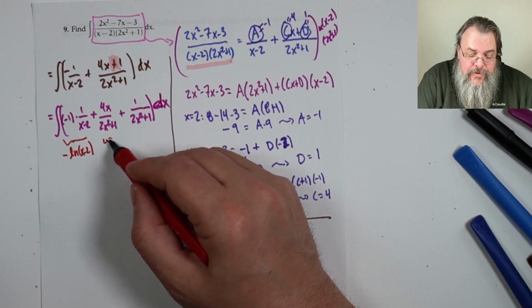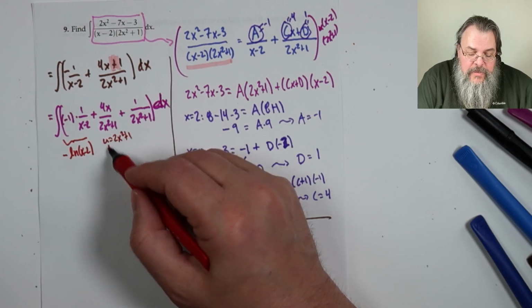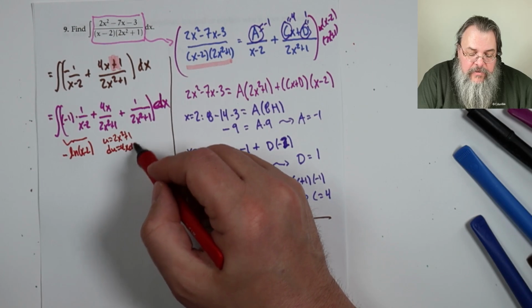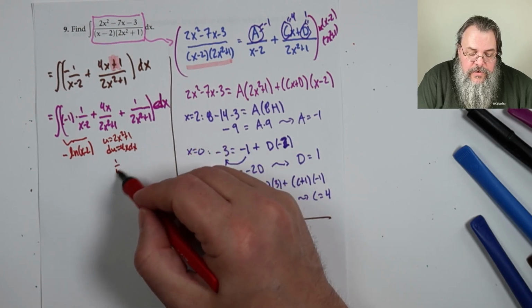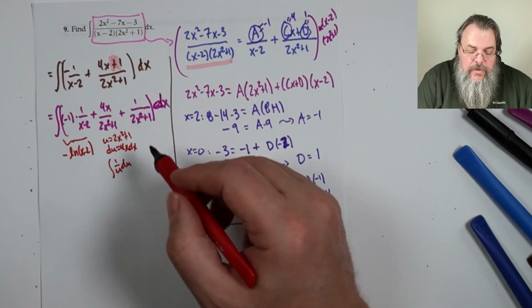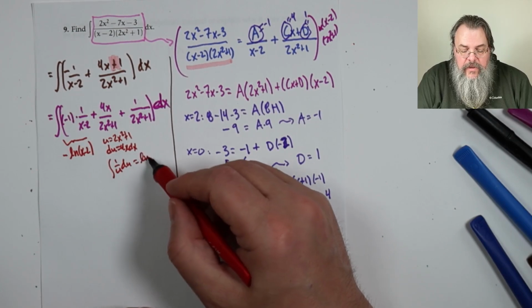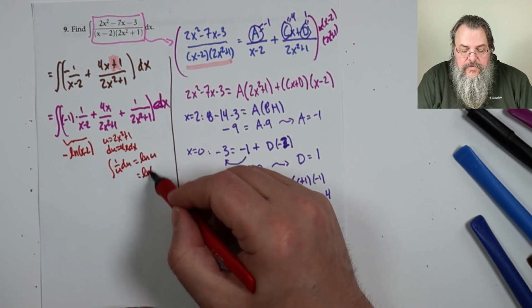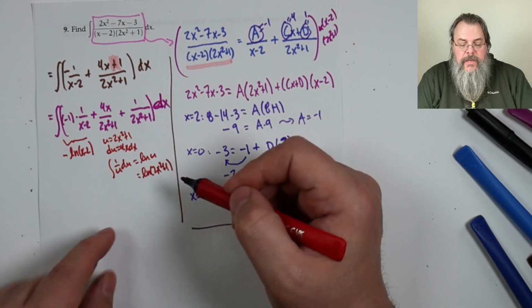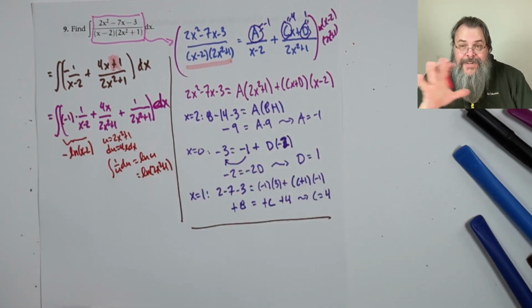If you let u equal 2x squared plus 1, du equals 4x dx. So it really becomes 1 over u du, right? Because you have derivative upstairs, function downstairs. That's a log u, which is log of 2x squared plus 1. Okay, so that term, great.